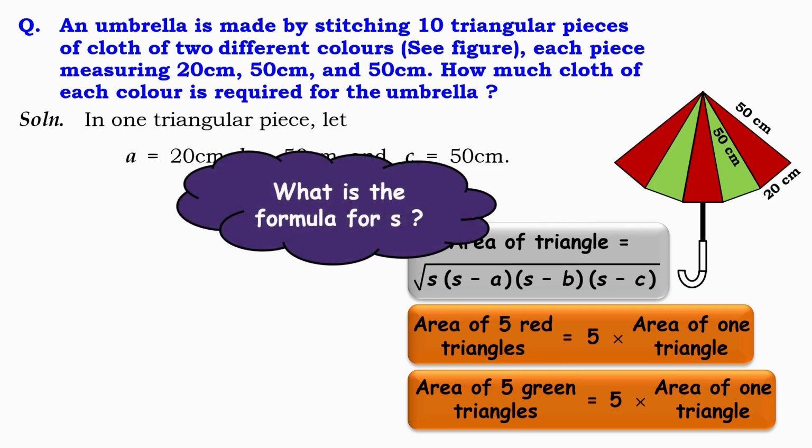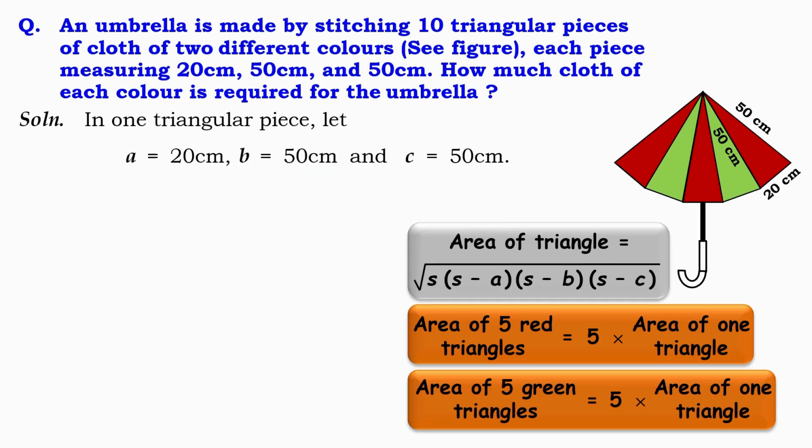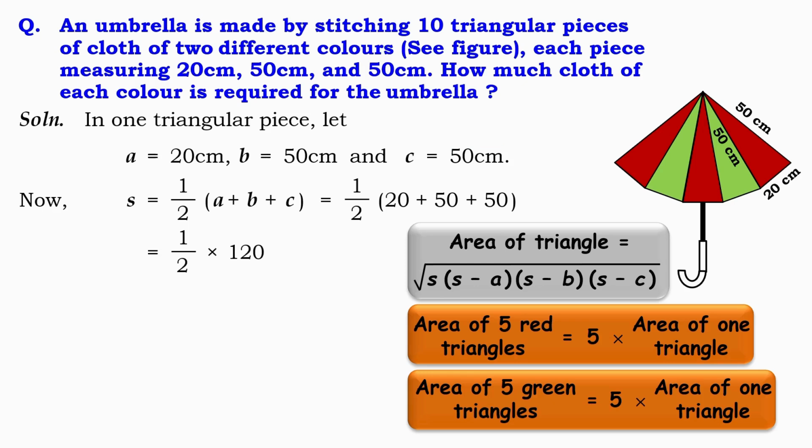So let us calculate half into a plus b plus c, which is half into 20 plus 50 plus 50. That comes to half into 120, that means 60 centimeter. So s is 60 centimeter.